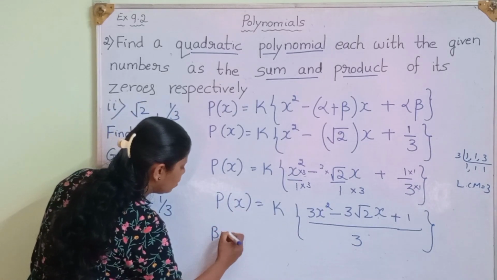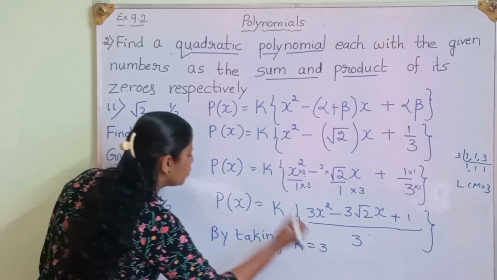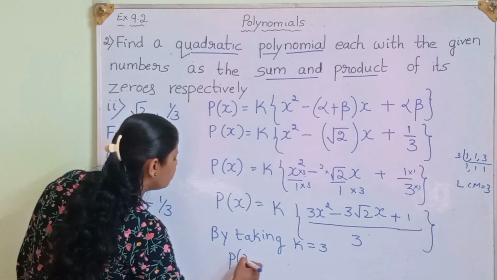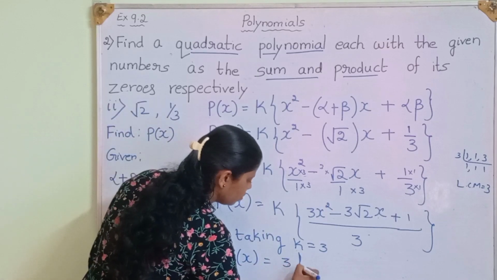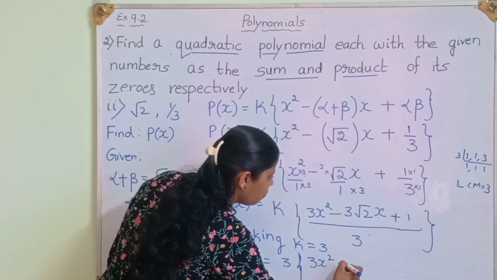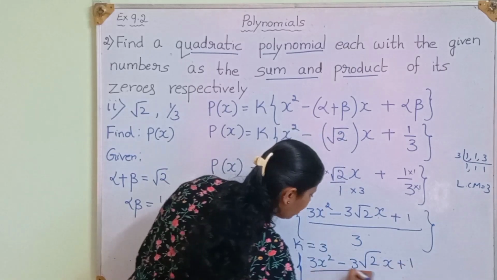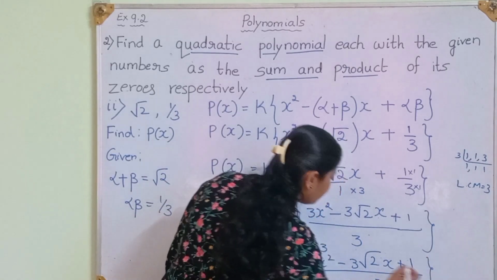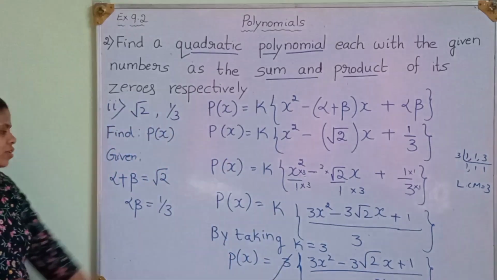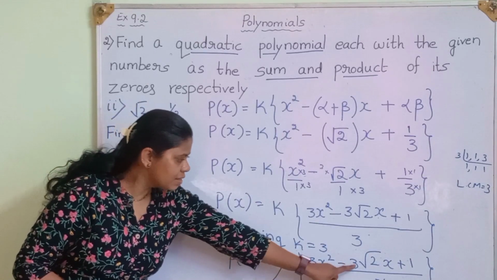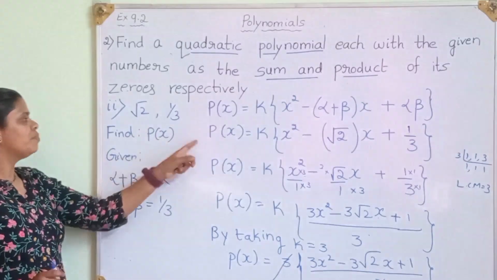Therefore, by taking k is equal to 3, P of x is equal to 3x square minus 3 into root 2x plus 1 divided by 3. Now look at this. This 3 and this 3 it will cancel. What is left? 3x square minus 3 root 2x plus 1. It is left. That is our P of x. Okay. Let me rub this.